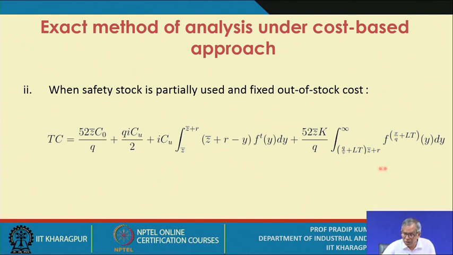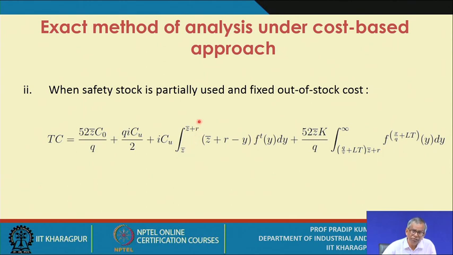Now, how many units do you have in the safety stock? Sometimes you use the safety stock, or sometimes you do not use the safety stock. What we are assuming is that you are partially using the safety stock. So Z bar plus R, is it all right?